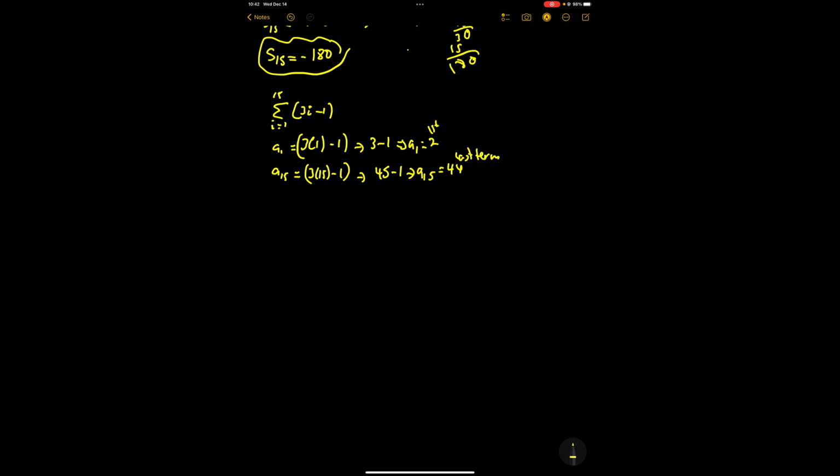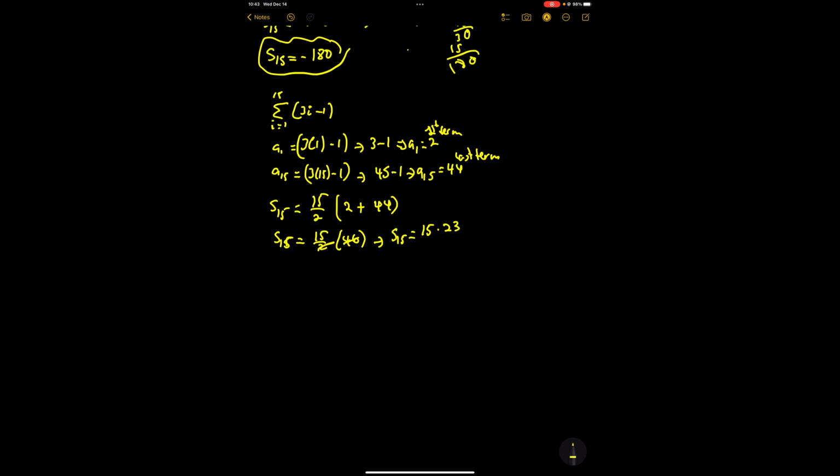And that's the first term. So now S15 will be equal to 15 over 2 times a1, which is 2, plus 44, which is the last term. So that would be S15 is equal to 15 over 2 times 46. And so we can simplify by 2. So S15 is equal to 15 times 23.